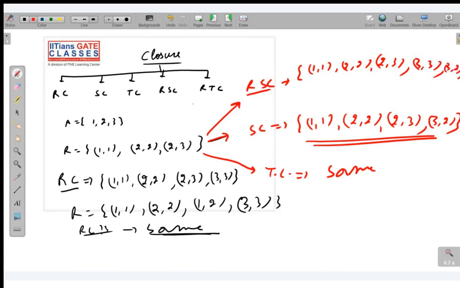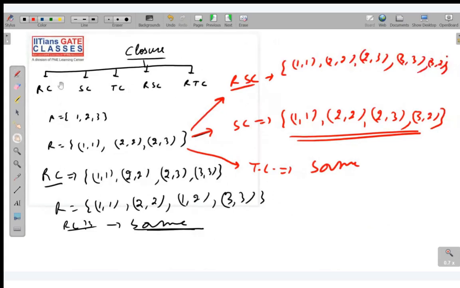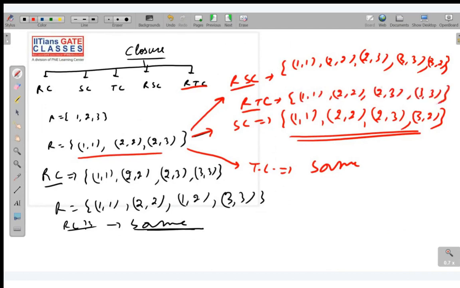That's it. Last is reflexive transitive closure, RTC. It is already transitive, so only one element we will add: (1,1), (2,2), (2,3), and (3,3) I will add. That's it.